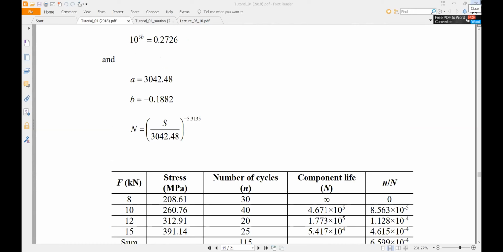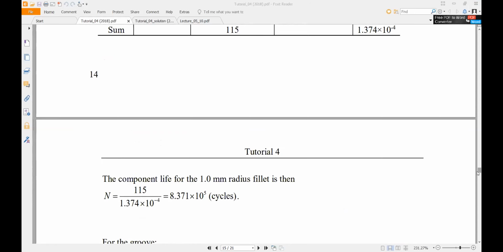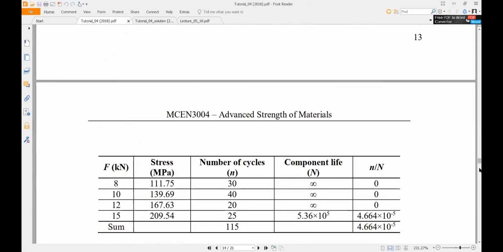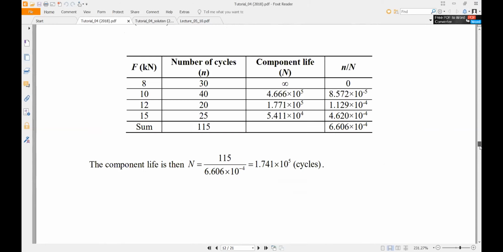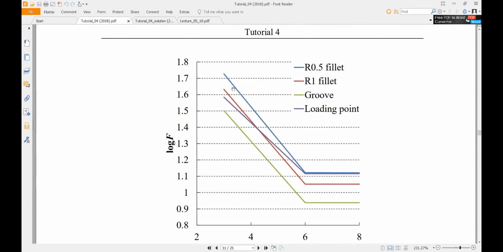So can't you take the minimum SN values? No, don't do that. Because if you use the SN curve, what happened? The SN curves, you can plot and you can see some of the curves going to the least value, and some of the curves reach the least value with a low number of cycles.